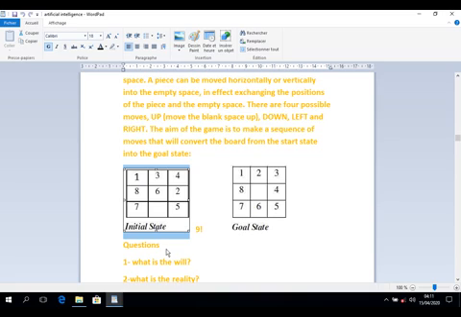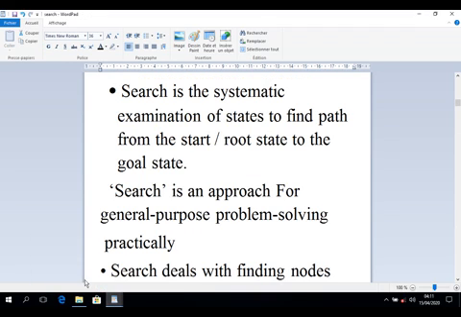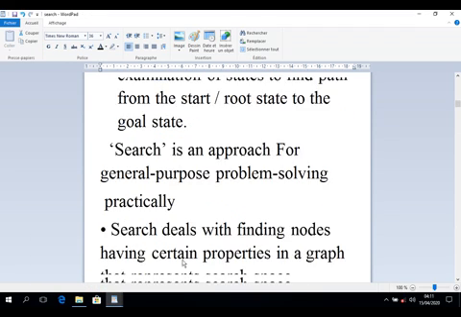Search deals with finding nodes having certain properties in a graph that represent the search space. It's okay, finding nodes having certain properties.